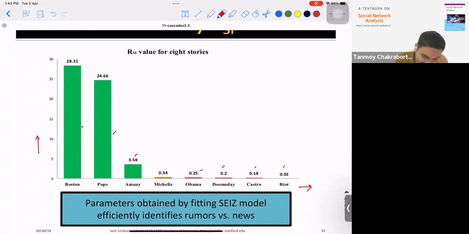So if you see here, all the green bars, there are 4 real world events except this one, all other 3 real events, which are not fake, have a flux ratio greater than 1. In fact, you see the ratio is much greater than 1. The first one is 28, the second one is 24, and so on. Whereas for all the fake events, the flux ratio is less than 1. Okay, 0.25, 0.2, 0.1. So these are all fake events and these are all real events.